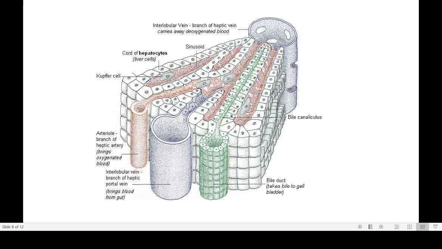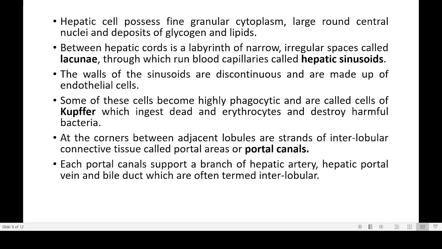Their function is to ingest and kill dead cells, like dead RBCs, and also bacteria. So the purpose of the Kupffer cells is to destroy bacteria and also destroy RBCs or erythrocytes. That is the function of the Kupffer cell.